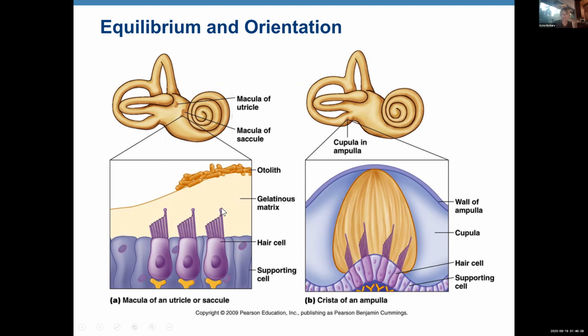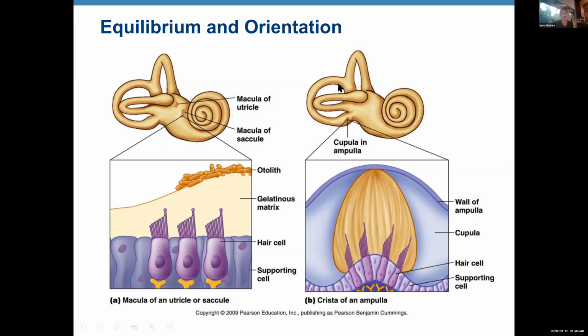On top of these hair cells, we have a gelatinous matrix, and on top of it, otoliths. Those are like little stones, little rocks. When you move, those otoliths move, and they bend these hair cells. And when hair cells bend, we create a receptor potential, because sodium channels open.